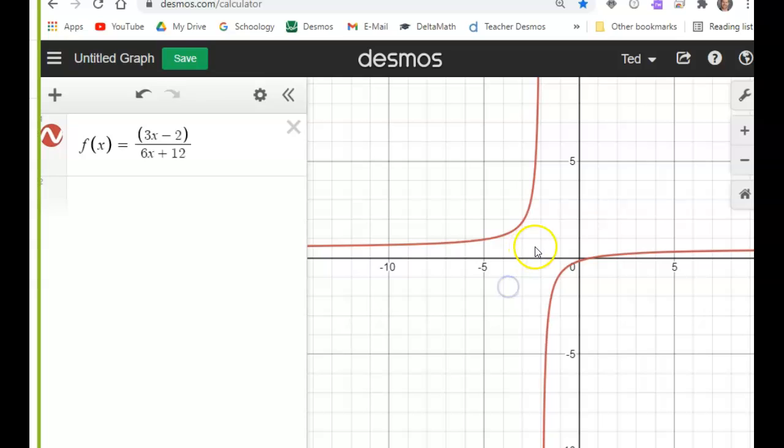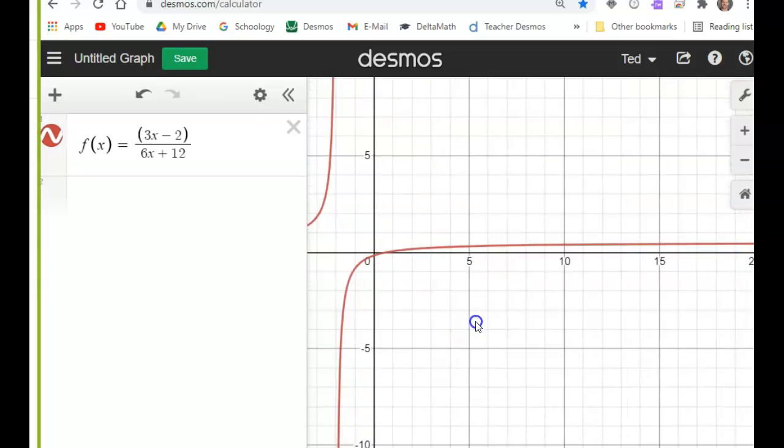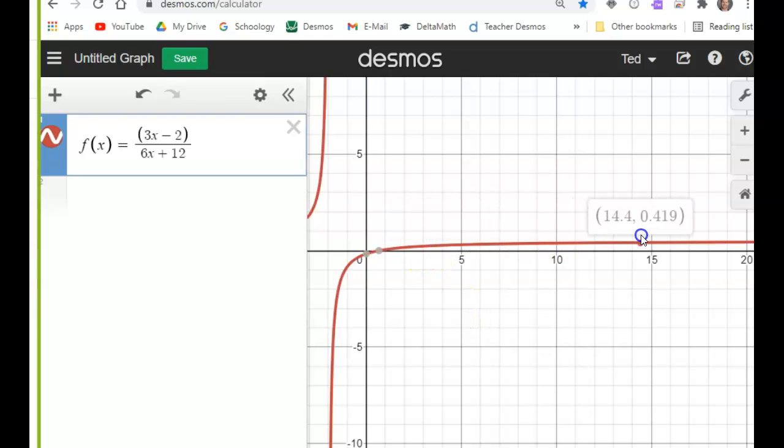But a quick refresher here. As x approaches negative infinity, which means my x values go further to the left, I will approach 1/2. What about if I go to the right? What if I approach x from the right-hand side? What's your y value? Where do you think your y values are headed?